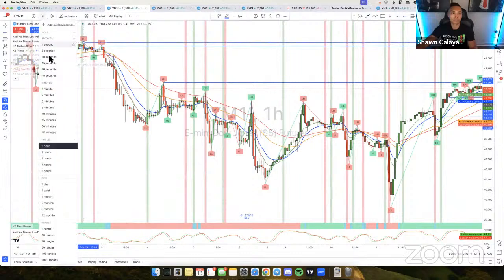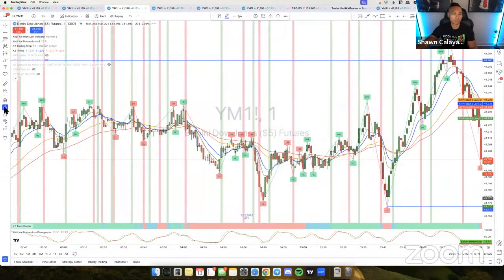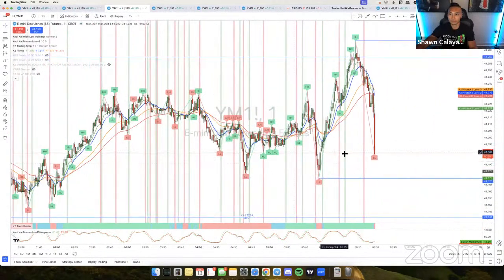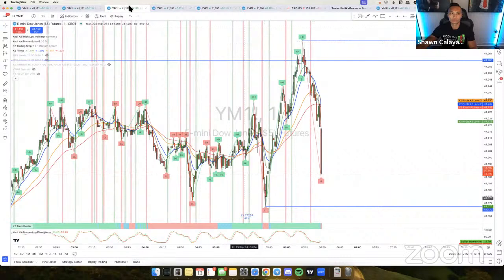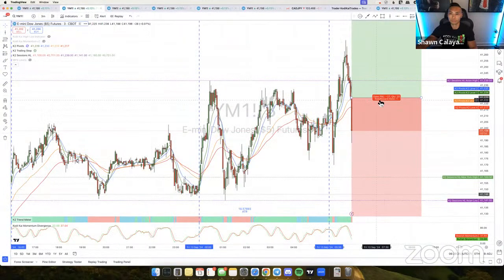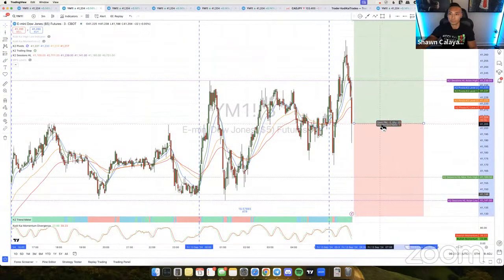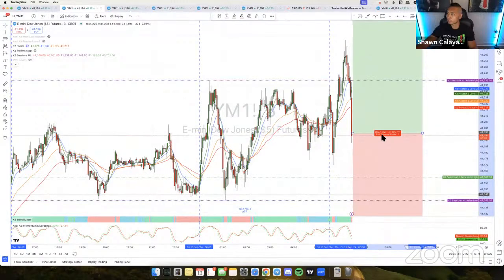All right, that looks like it's good enough. All right, guys, we got market opening up in about 30 seconds. My breakout for the day is going to be bullish.